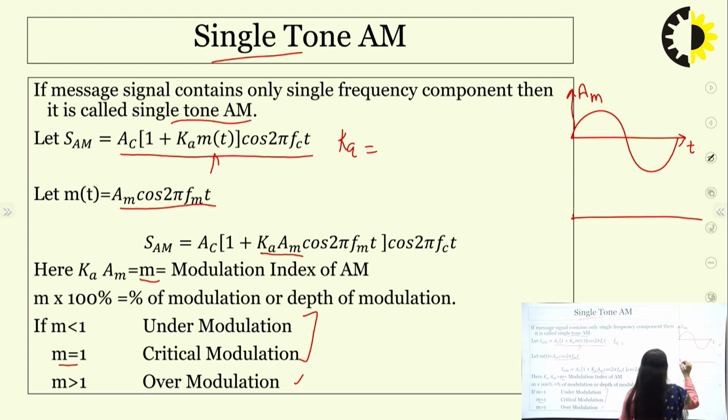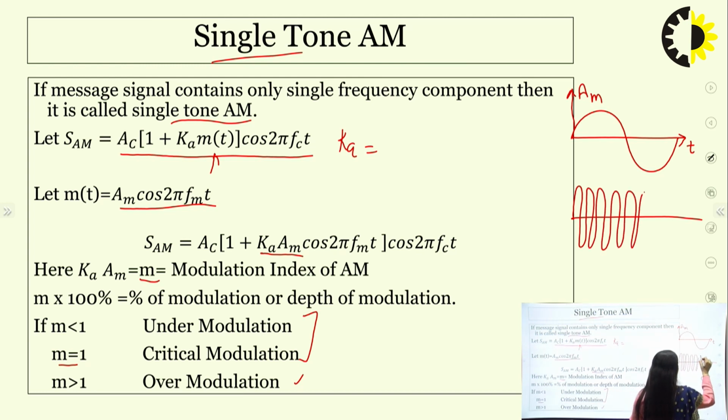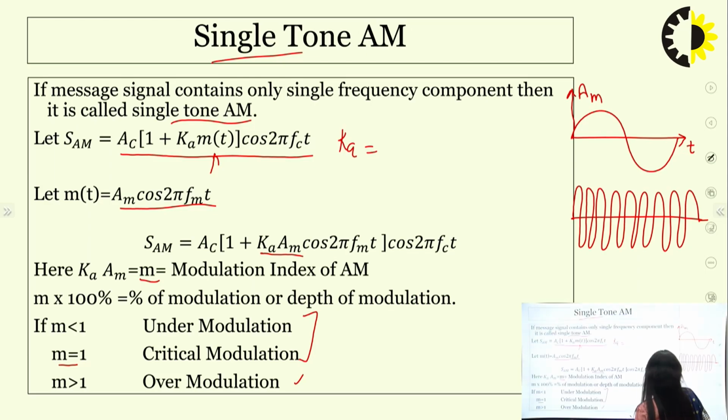The carrier signal has a higher frequency than your message signal, so it is a high frequency signal. This is time t and this is AC, right? So in amplitude modulation, the message signal is superimposed on the carrier signal. Using an envelope detector, the same waveform I will draw here and here, and in between is the carrier.